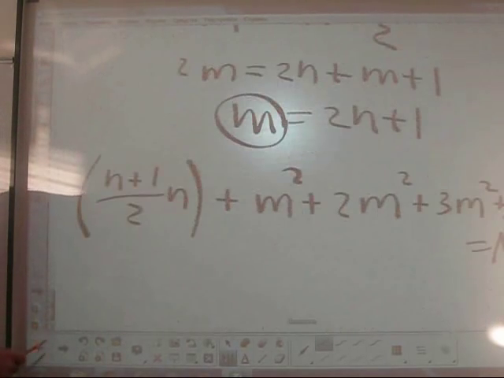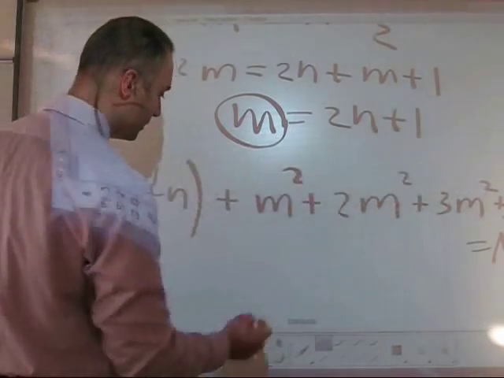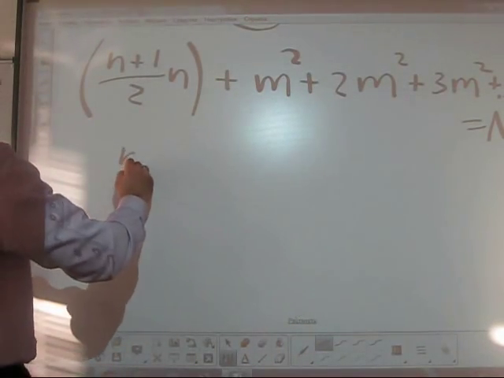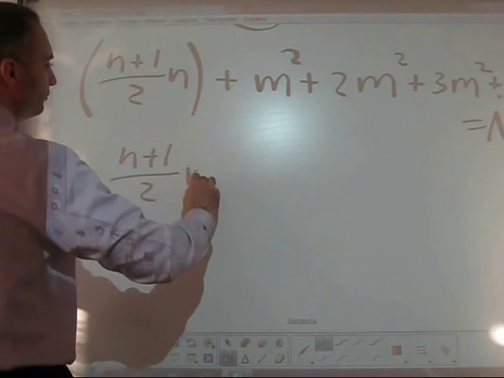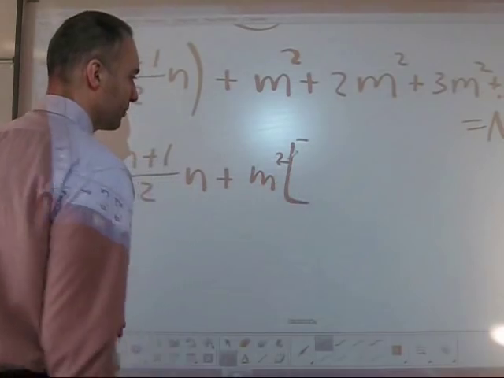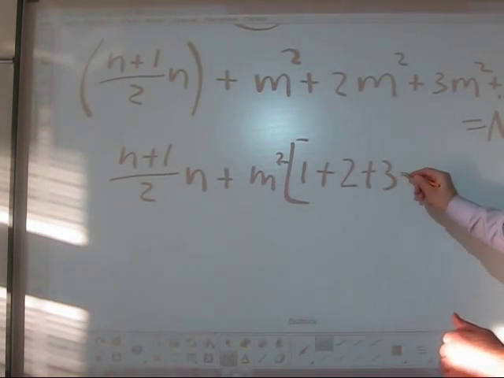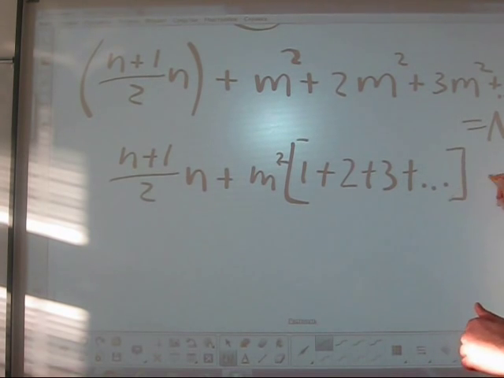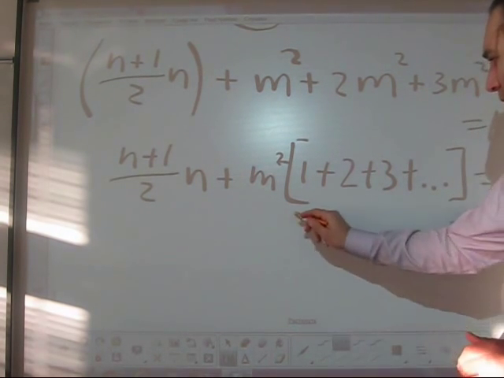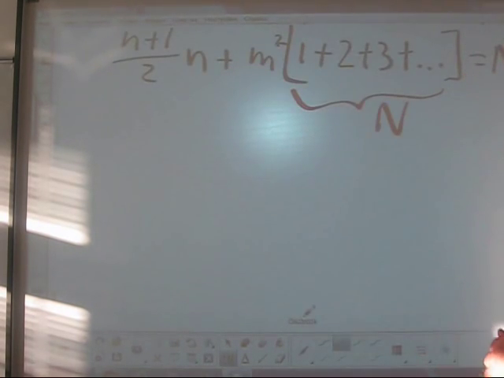Okay, now we have this equation, and let's factorize this part, and we'll get this m squared outside the brackets, and again we will get this sum of all natural numbers in brackets. Let me use red ink. I'm not sure if using red ink will help in the actual video.